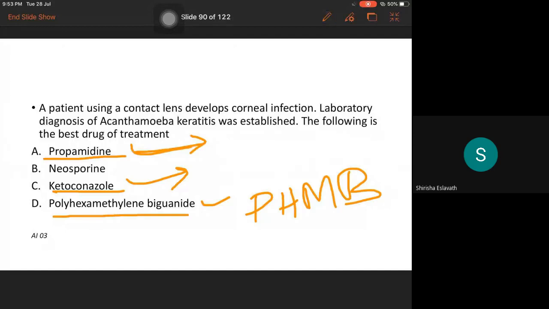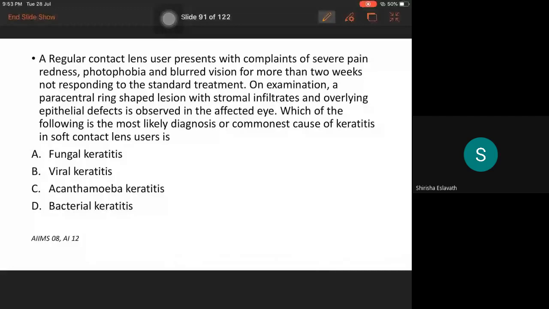A regular contact lens user presents with complaints of severe pain, redness, photophobia, and blurred vision for more than 2 weeks, not responding to the standard treatment. On examination, a paracentral ring-shaped lesion with stromal infiltrates and an overlying epithelial defect is observed in the affected eye.